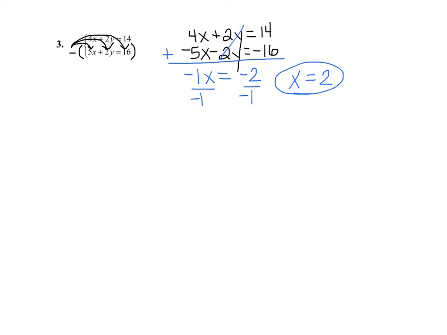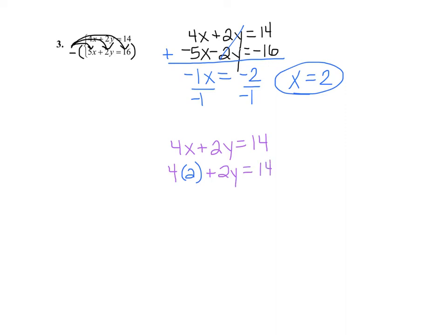Now let's find our y value. So we're going to write down our first equation again, which is 4x plus 2y equals 14. We found out that x equals 2, so we're going to replace our x with 2 here. So 4 times 2 plus 2y equals 14.